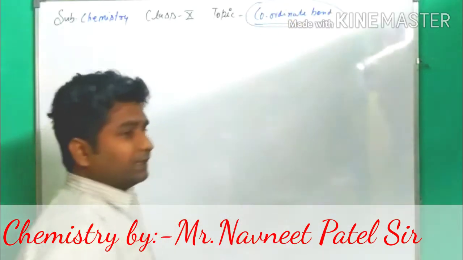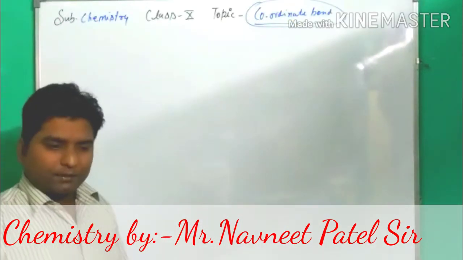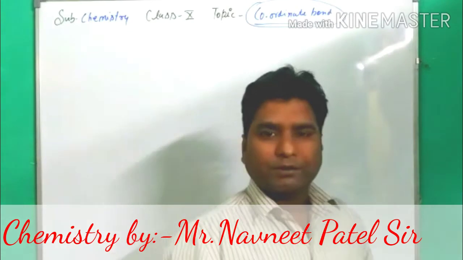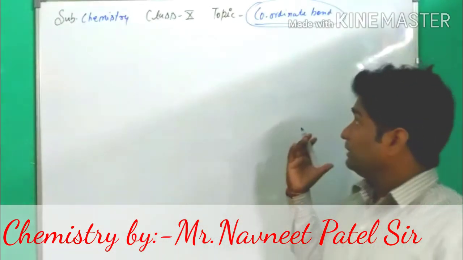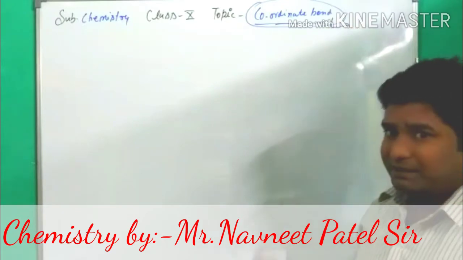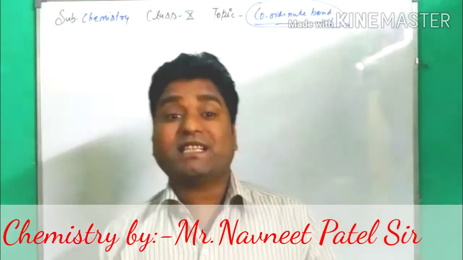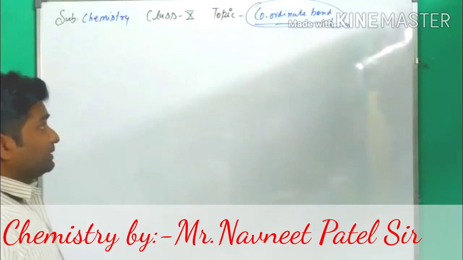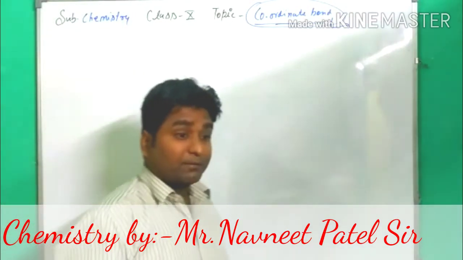So basically, what is the coordinate bond? Actually, a coordinate bond is a covalent bond. You can say it is a special covalent bond. What is the meaning of special covalent bond?